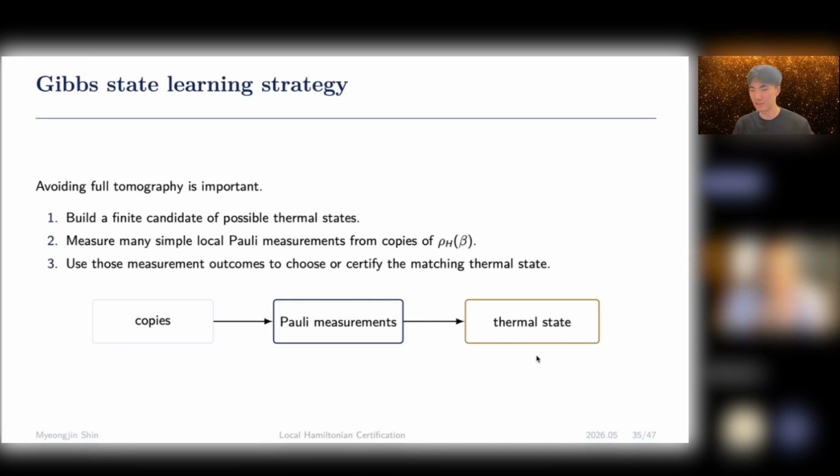I'm going to elaborate on it later, but the important thing is to use the copies of the Gibbs state and make many candidates. From the candidates, we choose the measurements, and we're going to use Pauli measurements. Using those measurement outcomes, we can construct the Gibbs state in reverse or certify it.